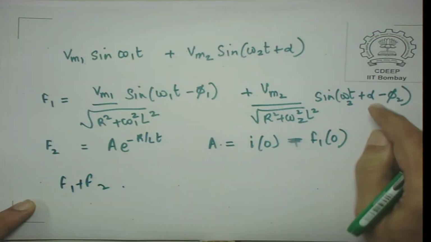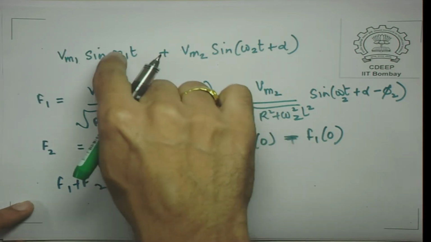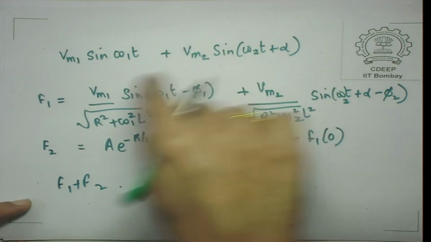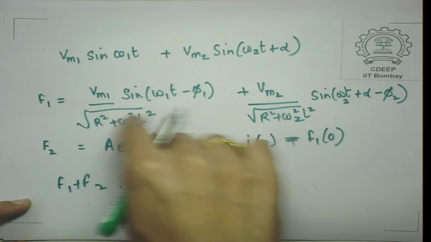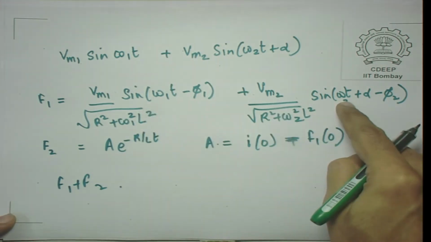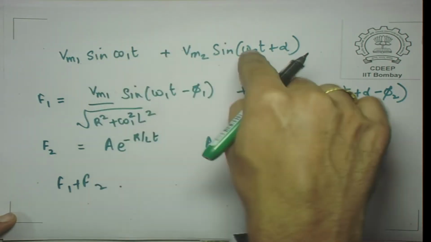So, the response consists of F1 plus F2. Now, what you notice here is that the response is a superposition of the individual responses corresponding to these components.